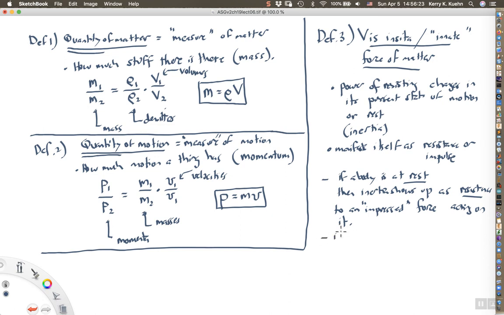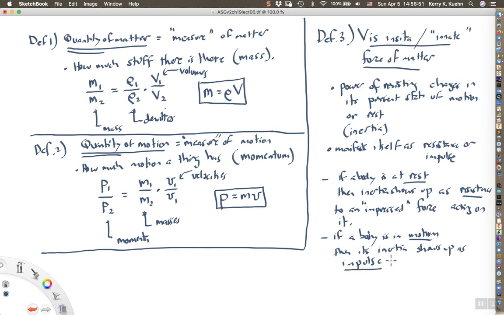But if a body is already in motion, then its inertia shows up as impulse. Its inertia manifests itself or shows up as impulse.